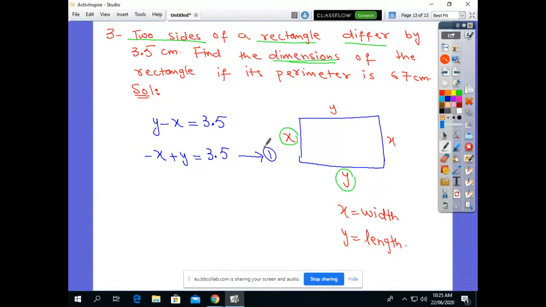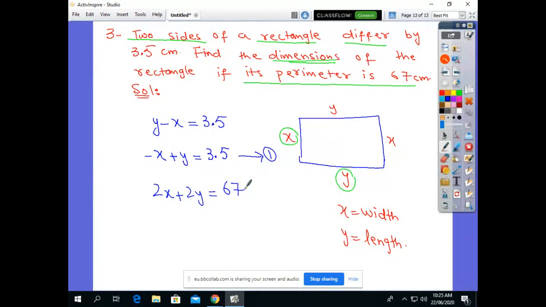Similarly, in the statement, we see that its perimeter is 67. What is the perimeter? Perimeter is the sum of all the sides of a rectangle. There are 2x, therefore 2x plus 2y is equal to 67.